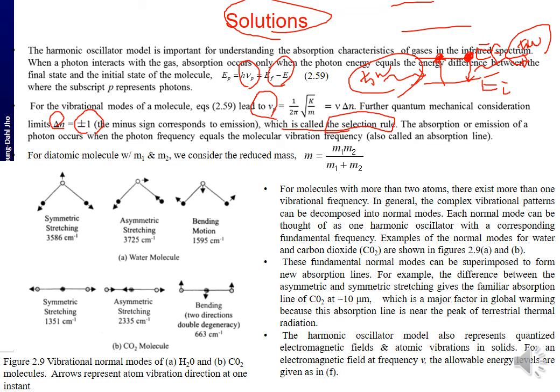This is something called the selection rule. The absorption or emission of a photon occurs when the photon frequency equals the molecular vibration frequency. The vibration frequency is actually something called the phonon frequency. But here we use vibration because it is gas or molecules, so there are not so many atoms, whereas phonon is the terminology describing atomic vibrations in crystals.